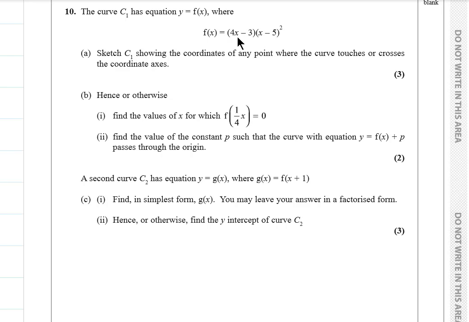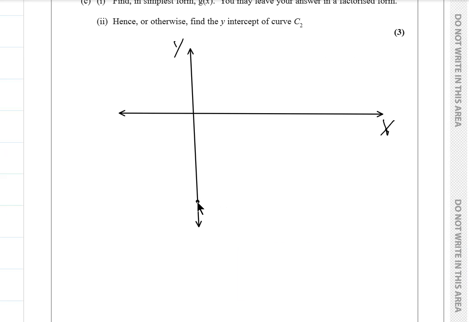Also, it's important to get the y-intercept by putting x equals 0. If we put x equals 0, we have here minus 3, we have here minus 5 all squared, which is 25 times negative 3, negative 75. Collect all these data and let us draw the curve. First indicate the points. This will be 0 and negative 75.